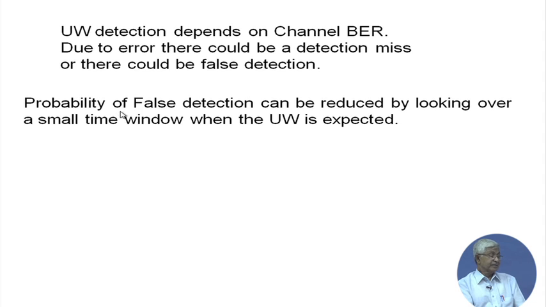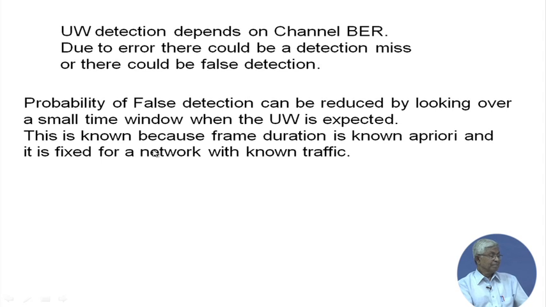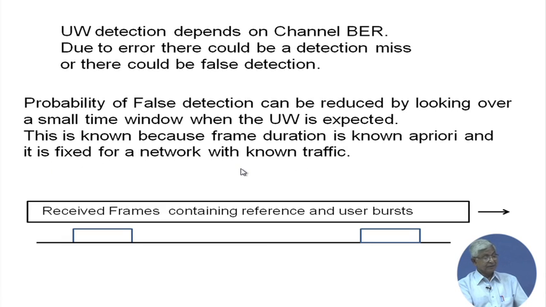Once you detect one unique word, you can generate the next unique word detection time window. So, in the data portion, if there is an error and it creates something like a unique word, you are not looking at it. This unique word time is expected because the frame duration is known a priori and it is fixed for a network with a known traffic.